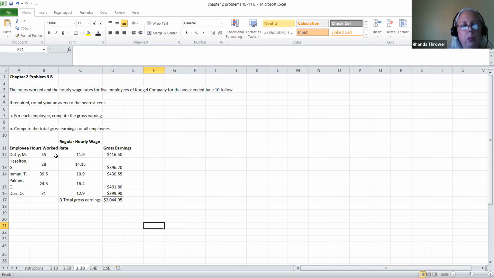So you're simply multiplying here. 35 hours times the regular hourly wage rate of $11.90 is a gross earnings of $416.50. 28 hours for Hazelton times his or her wage rate, not sure which one this is, at $14.15 will give you total gross earnings of $396.20.